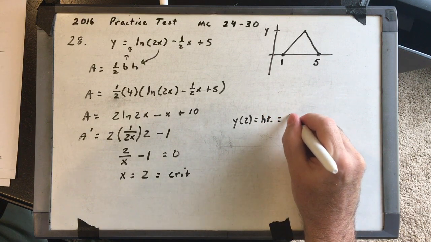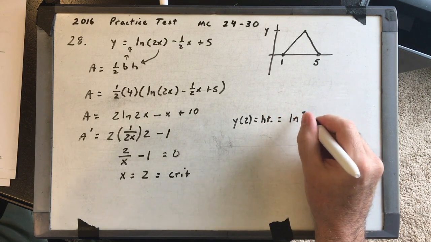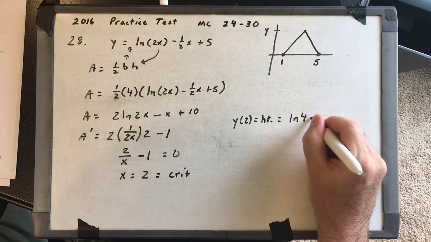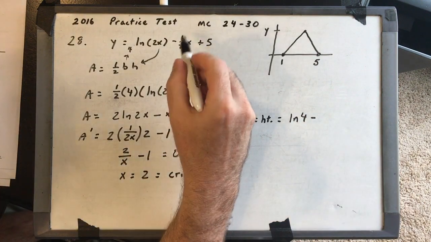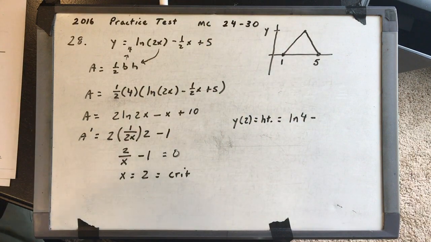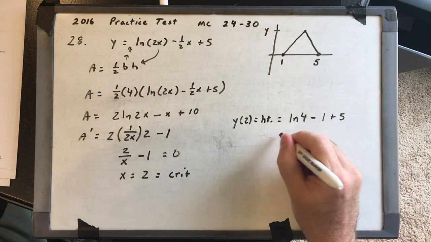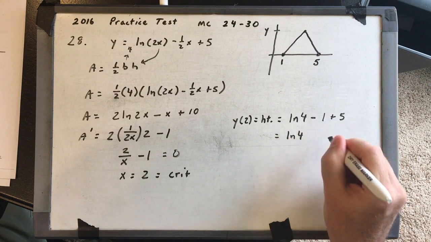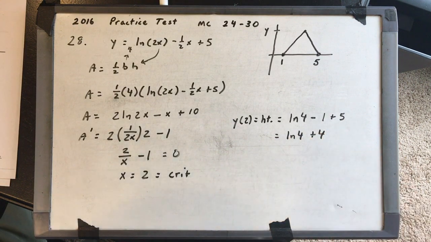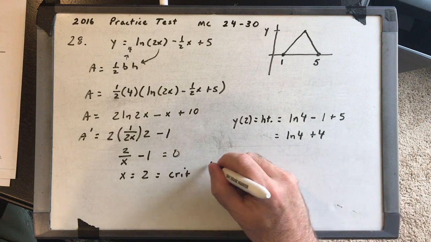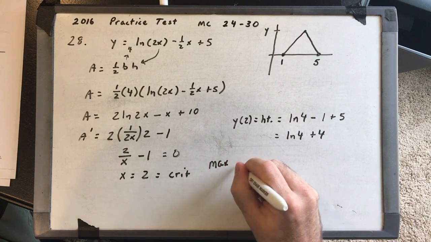That's the natural log of 2 times 2, which is 4, minus 1/2 times 2, so minus 1, plus 5. So that's the natural log of 4 plus 4. That's not the answer, and it's not one of the values. That's just the height.